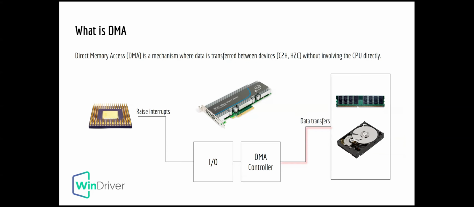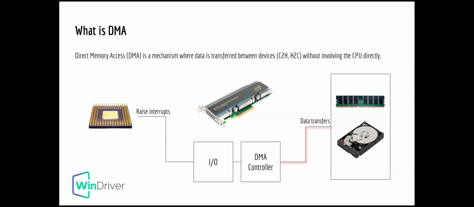Okay, so here we have the CPU. In regular cases, the communication goes through the CPU to take requests, to manage power events, and so on. In DMA, we create a direct channel between the PCIe device and the memory component, mostly RAM, but it can also be a ROM or a hard drive.